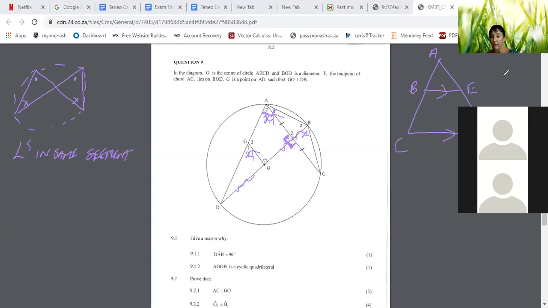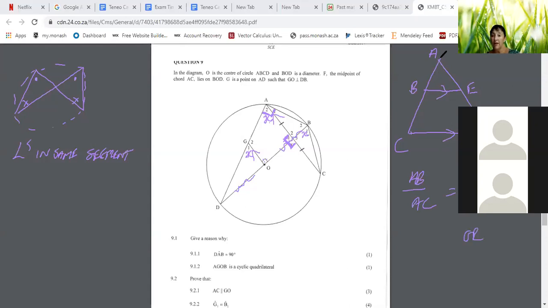For example, you can write AB over AC, small over big, equals AE over AD, equals BE over CD. You can write those three equal to each other.